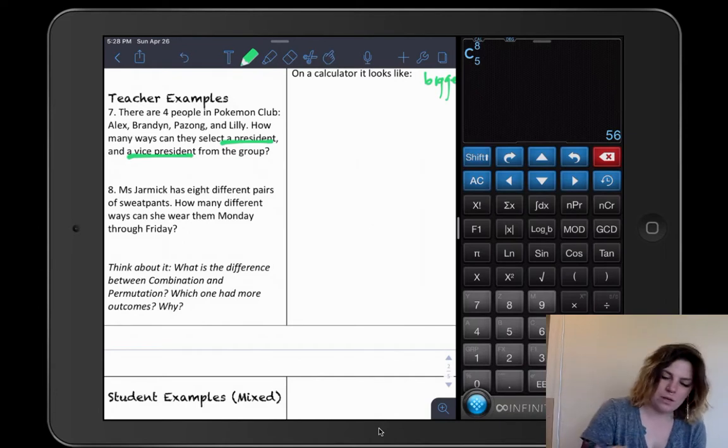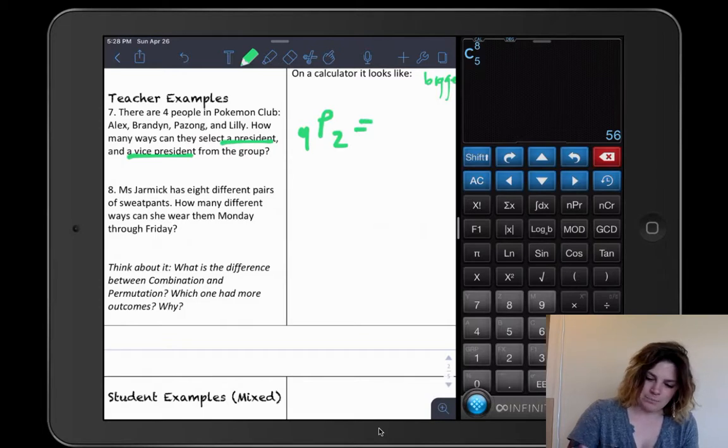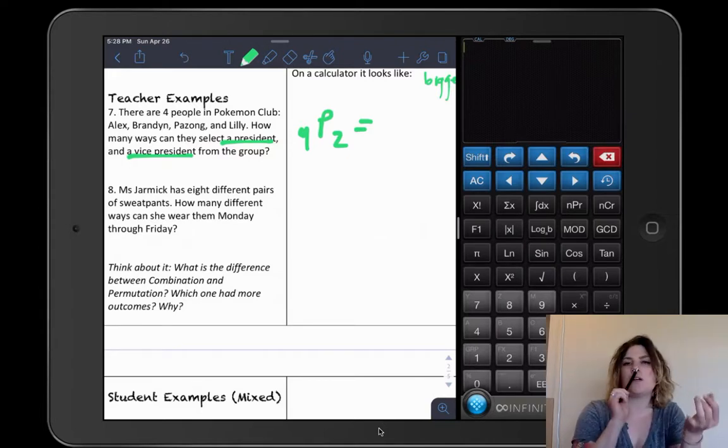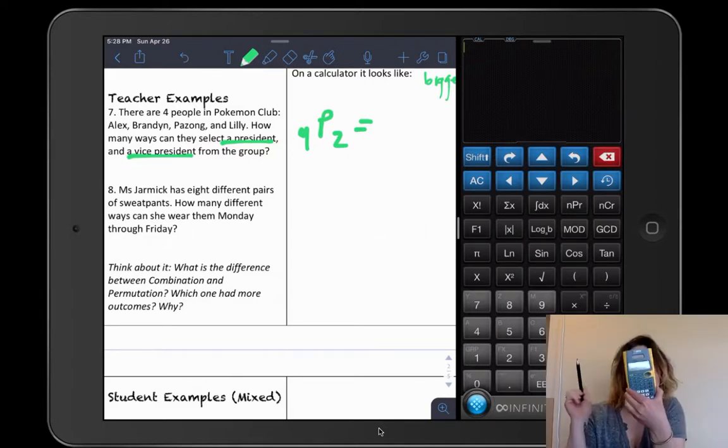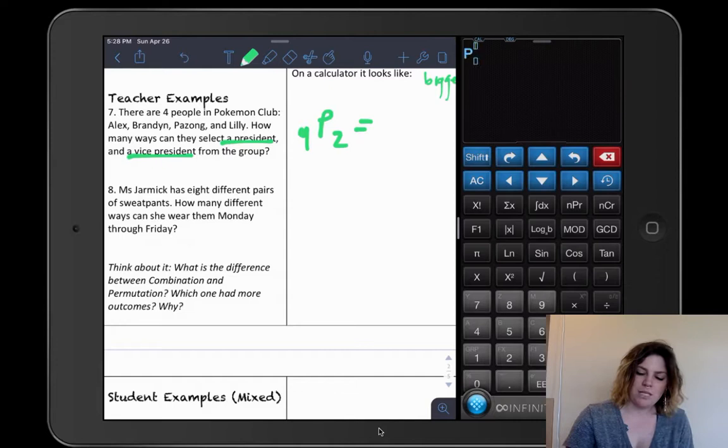And so on your calculator, you are gonna do 4P2, and it's in all the same spots we just talked about on Desmos, on your physical calculator. If you're using this calculator on your iPad, then you would do the NPR button.